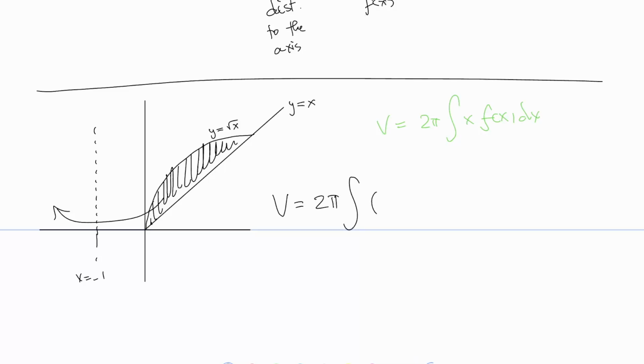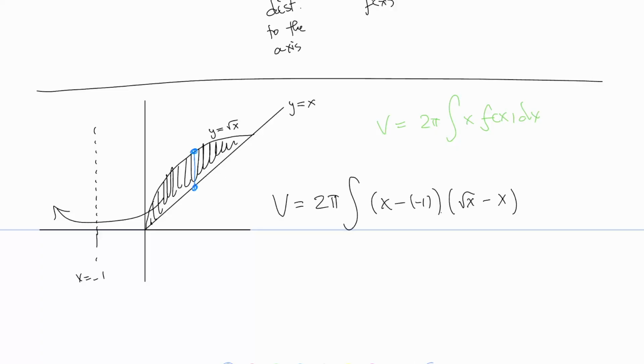I'll talk about the boundary values later. x minus negative 1, which is, of course, x plus 1. And then the f of x part represents the height of a typical point in the region. Somebody shout it out. What should I use for the f of x part? It's the top minus bottom, and in this case, radical x minus x. Radical x minus x, exactly. Great.